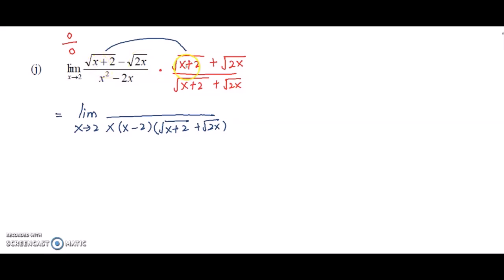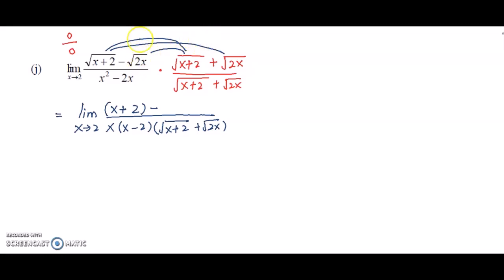The square root of x plus 2 multiplied by the square root of x plus 2, you got x plus 2. And this term multiplied by this minus this multiplied by this, you will cancel off each other. And lastly, the square root of x plus 2 multiplied by the square root of 2x, it's actually the square root of 2x multiplied by the square root of 2x.